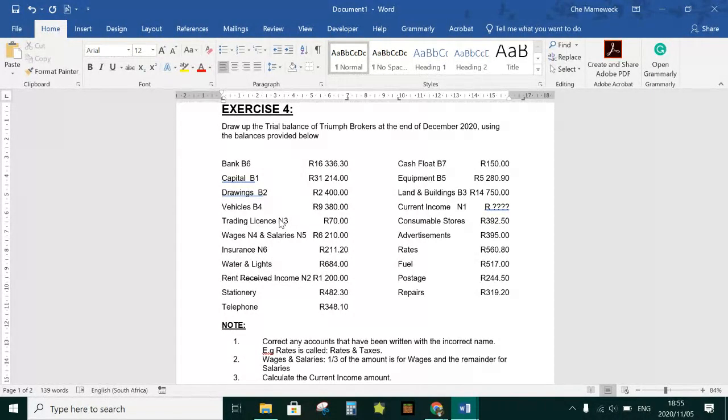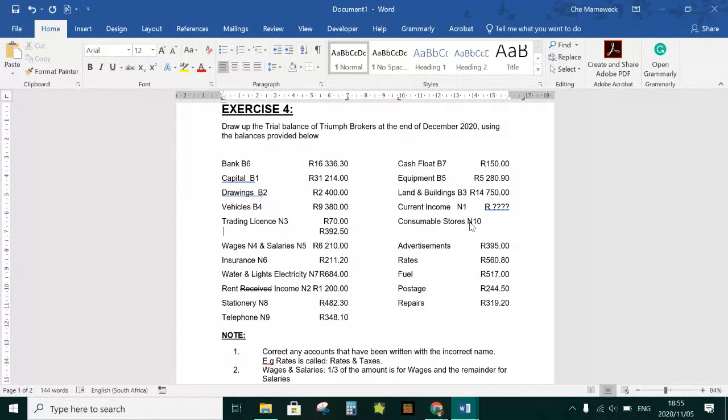Water and lights, we know that's wrong. It's called water and, hopefully you're going electricity, and that will be N7. Stationery N8, telephone N9. Consumable stores N10.